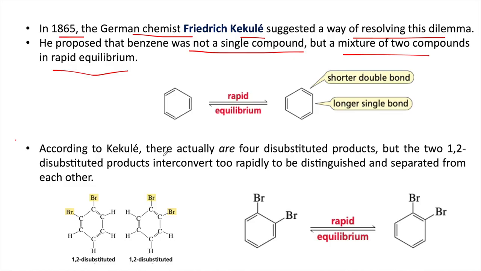According to Kekulé there are 4 di-substituted products, but the 1,2 di-substituted products interconvert too rapidly to distinguish and separate from each other. So there are 4 structures of di-substitution in benzene, but 2 structures rapidly interconvert each other, which are very difficult to separate.